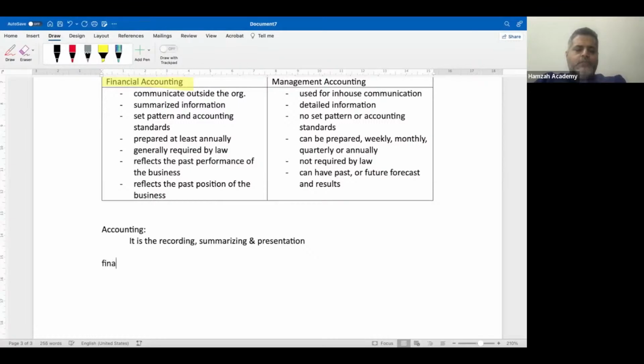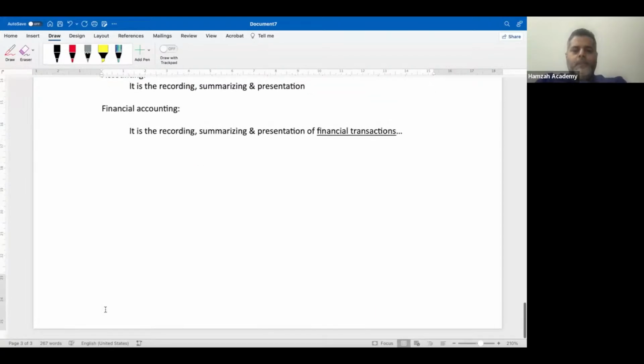When we write the word financial before accounting, it is the recording, summarizing, and presentation of financial transactions, right?